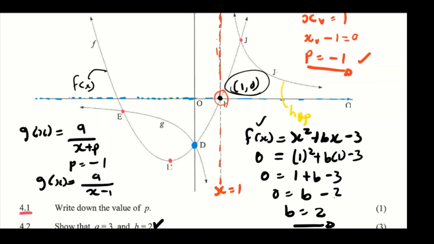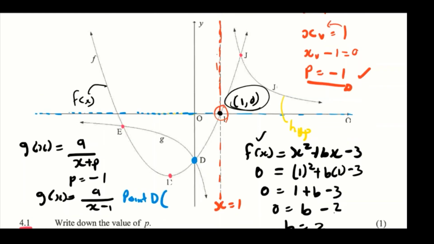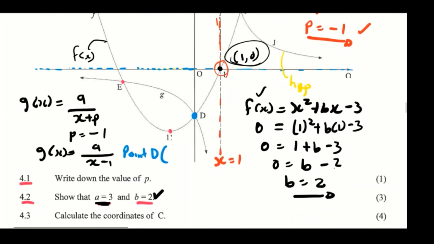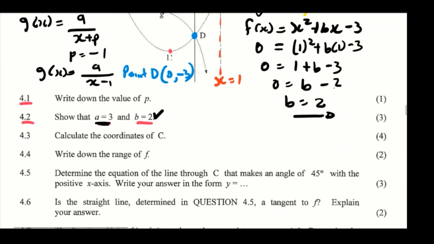Try point D. The coordinates of point D are, we know that the y value is minus 3, and x is 0. So you're just going to substitute in this equation. g of x is equal to a over x minus 1, and we substitute D, which is 0 and minus 3.